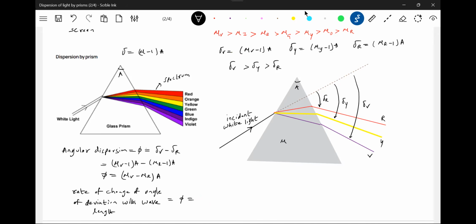So this will be d delta by d lambda. Like this, we define the angular dispersion. Next, we have one more: dispersive power.